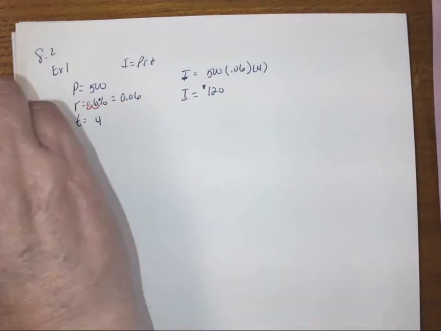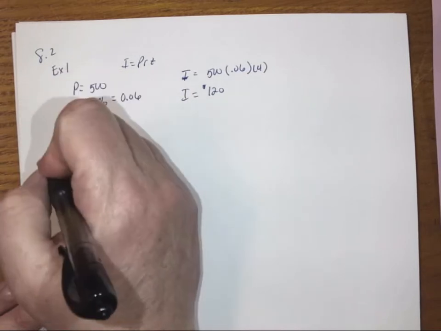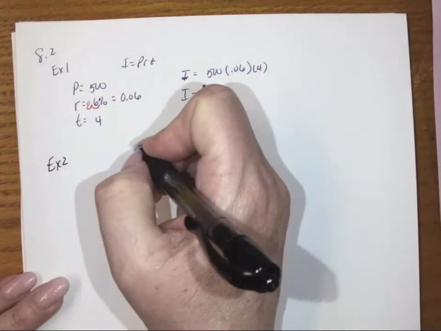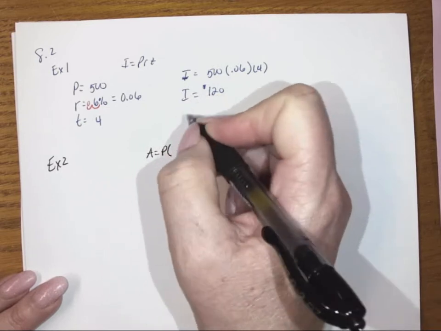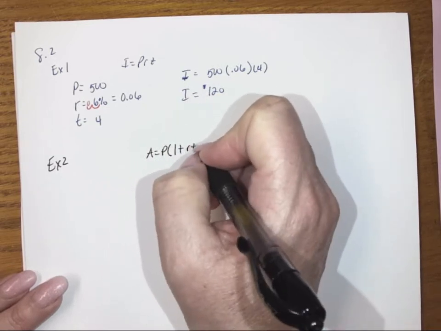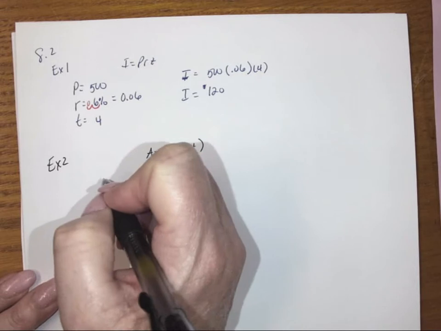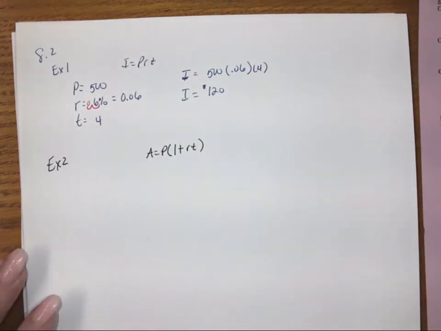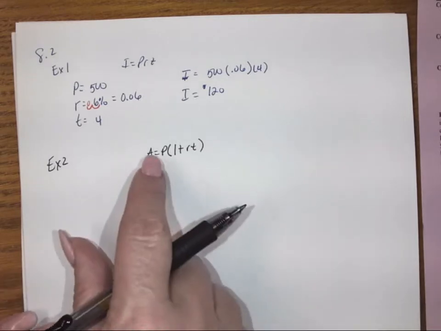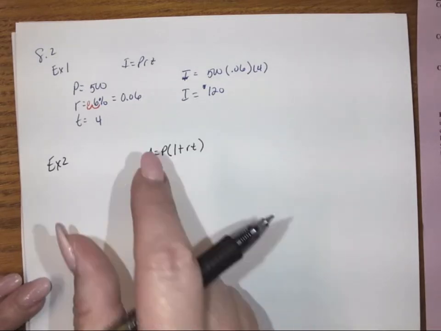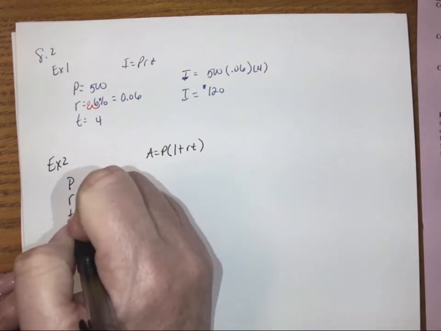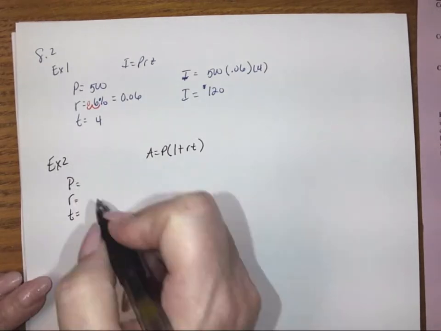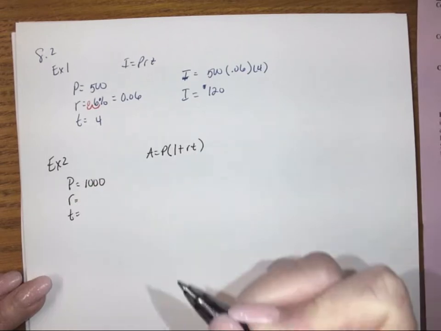So for example 2, we are looking at the formula of A equals P times 1 plus RT. So we need to figure out, we're trying to find the future value. The future value is going to be the accumulated value. So we are looking to know what the P is, what the R is, and what the T is. So the amount that was deposited was $1,000.